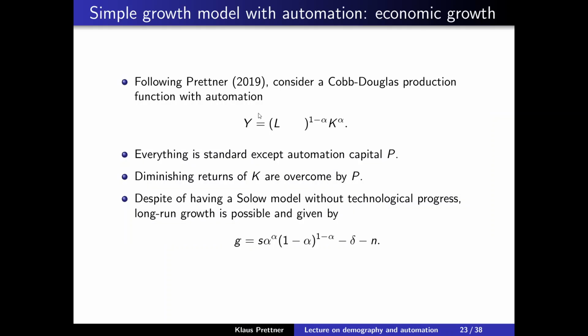So what I did in a paper in 2019 was to augment the Cobb-Douglas production function to cope with automation. Before automation becomes feasible, output is produced with labor and with physical capital, where the output elasticities are 1 minus alpha for labor and alpha for capital. And we see here we cannot produce any output without labor.